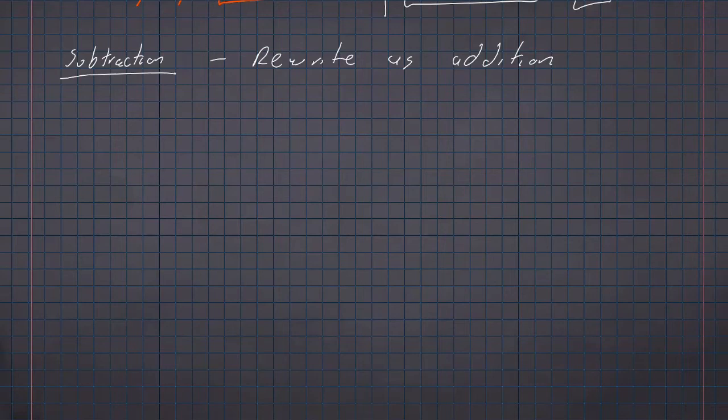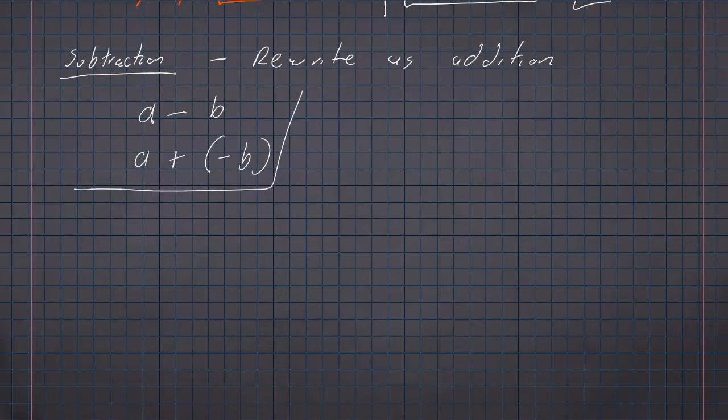There are only 2 operations in algebra, addition and multiplication. Subtraction is a shorthand notation for adding an opposite. So if we have something written as some number A minus some other number B, the rules of algebra tell us that what's really going on here is we're taking A plus the opposite of B. And that's exactly how we're going to treat subtraction in this course.